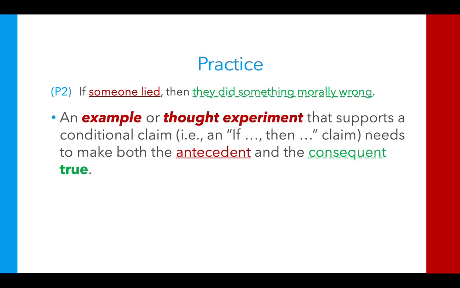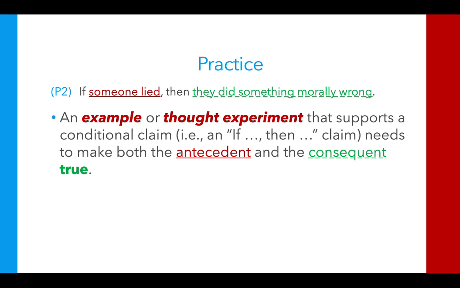Now, we want to see that we can provide evidence in favor of this claim, and we can provide evidence against it. So most conditionals are going to be such that you can give evidence for them and evidence against them. And the ones that I am asking you about to use as practice, you should be able to come up with examples or thought experiments for and counterexamples against.